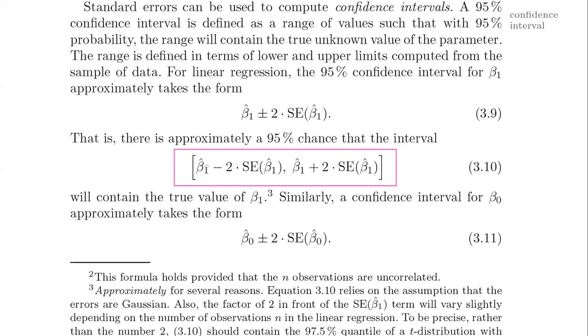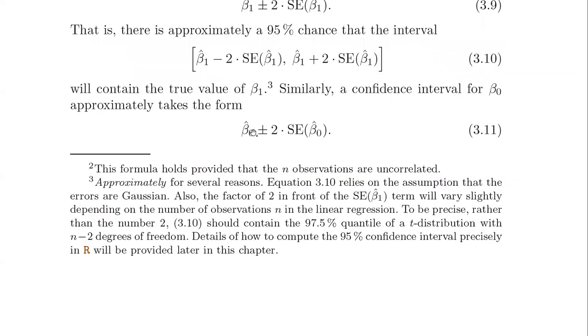It is centered at the least squares estimate of the slope, and then you move to the left and to the right to create this interval. By how many units? Twice the standard error of beta 1 on either side. So the interval is centered at beta 1 hat, and you have this symmetry: you move the same number of units to the left and to the right. Similarly for beta 0 hat.